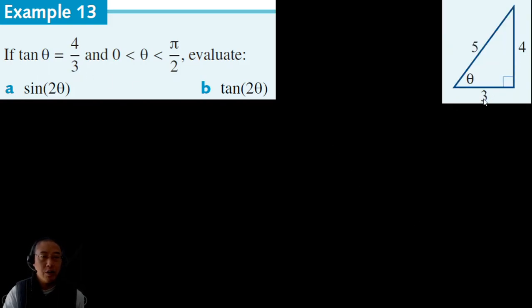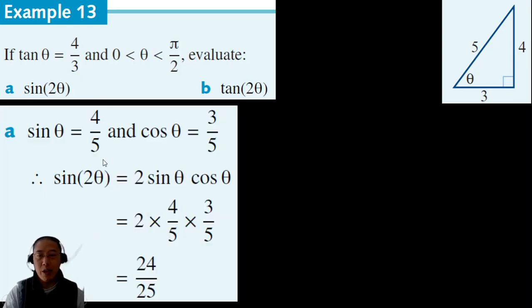So opposite over adjacent, that's your theta, and using Pythagoras you can find the length of the hypotenuse, which is an exact value, not a surd. It's a rational value. So from that you can express sine theta and cos theta using that right angle triangle.